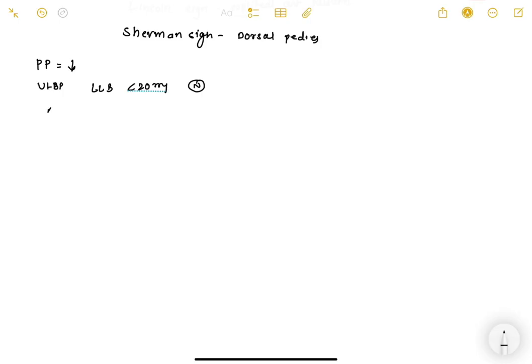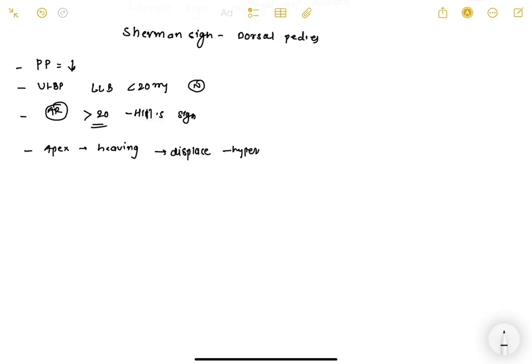But in case of aortic regurgitation, this is more than 20, which is called Hill sign. What about apex beat? It will be heaving type because the left ventricular volume is increased. Also, it is displaced due to hypertrophy and due to LV enlargement.